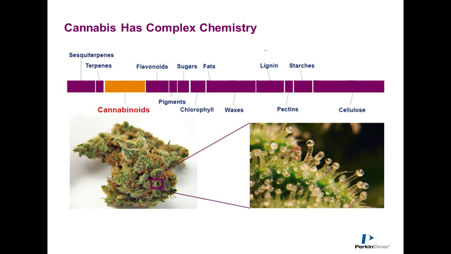But bringing it back to the chemistry, cannabis and hemp are very complex matrices. And within the plant, within the flower, within the leaves and the stalk, there are a number of different chemistry groups that some get a lot of attention and some not so much. Briefly, a lot of people are focused on the cannabinoids. Those are the medicinal components that often the plant is valued by.